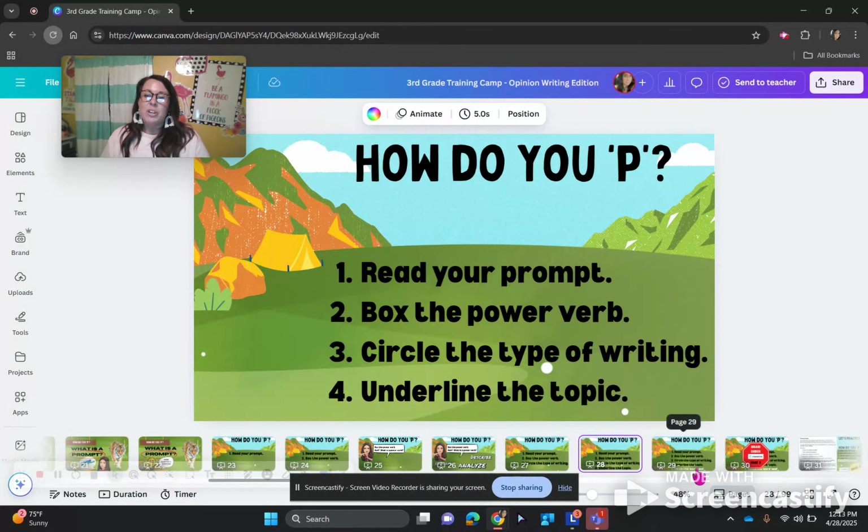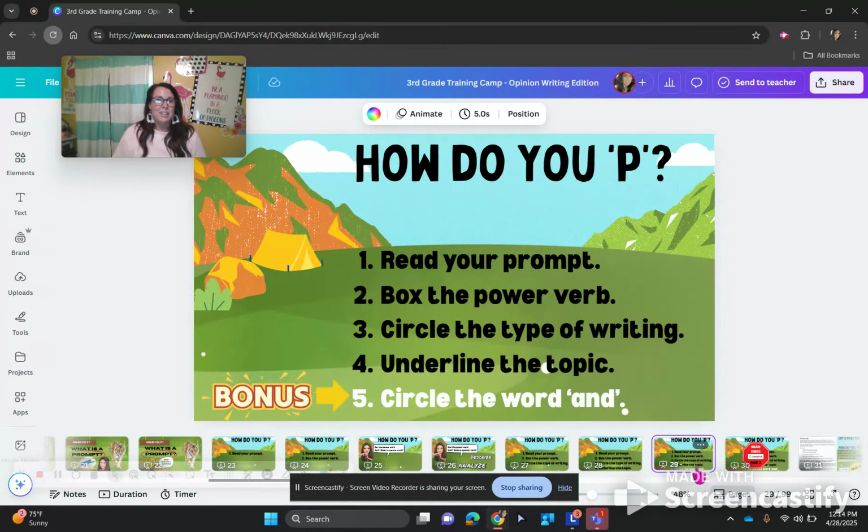Lastly, you're going to see if there's the word and. If you notice that the word and is inside your prompt, that typically means that the person who is asking you the question or wanting you to answer with a written response is wanting you to answer two different things.